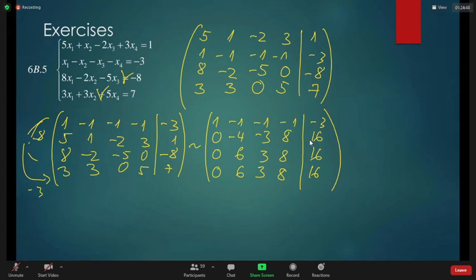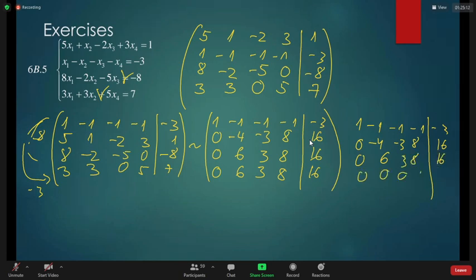Aha, see what happens. This row disappears. So in the next transformation, we would have 1 minus 1 minus 1 minus 1 minus 3. We would have 0 minus 4 minus 3, 8, 16, 0, 6, 3, 8, 16, and 0, 0, 0, 0, 0.